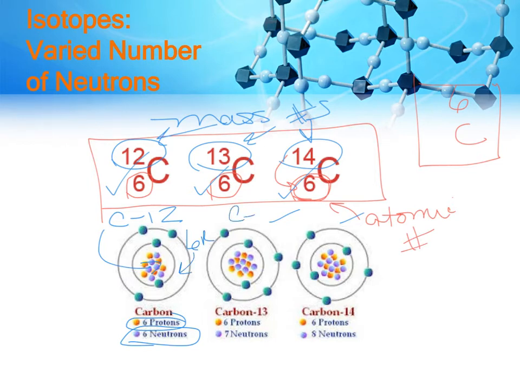In carbon-13, notice how we're naming these: the symbol of the element, then a dash, and then the mass number. Carbon-13 has 7 neutrons, and carbon-14 has 8 neutrons. So those are all atoms of the element carbon, but they are isotopes of one another.